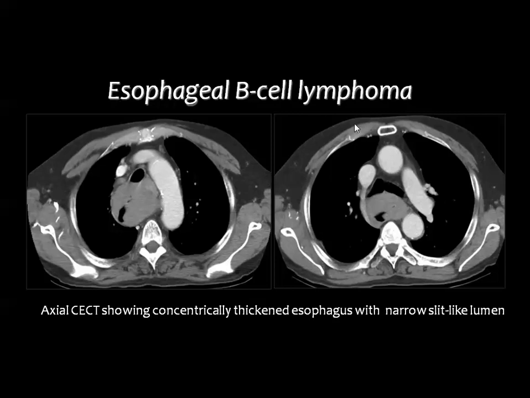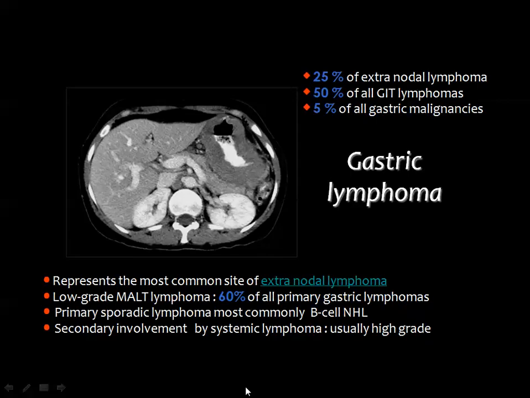And gastric lymphoma represents about 25% of extranodal lymphoma, 50% of GIT lymphomas, 5% of gastric malignancies, and it is usually, in about 60%, of the low-grade MALT lymphoma type.